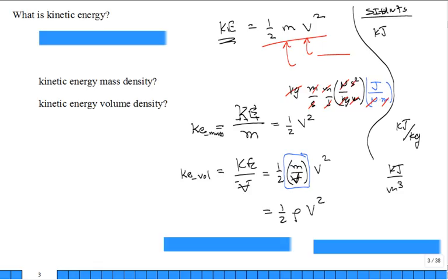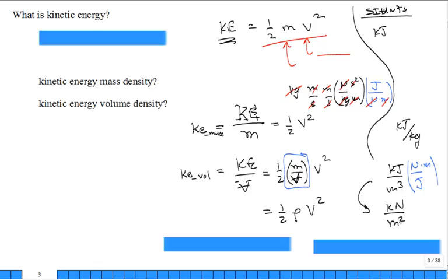But what is a joule? Could I convert the joule to Newton times a meter? Is a joule equal to a Newton meter? Okay. So could I also express this 1/2 rho v squared as a kilonewton per meter squared? Does it have the same units? Is that the right units?